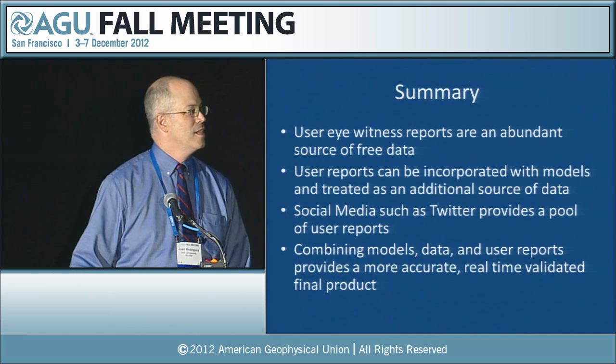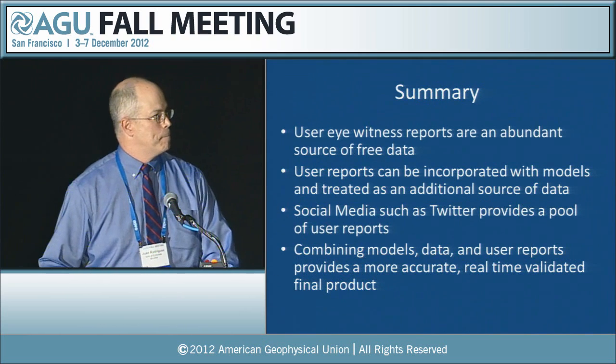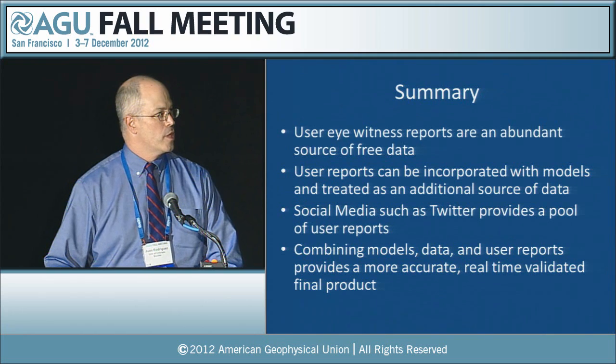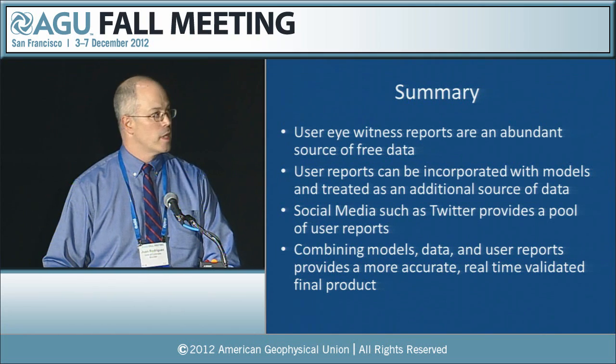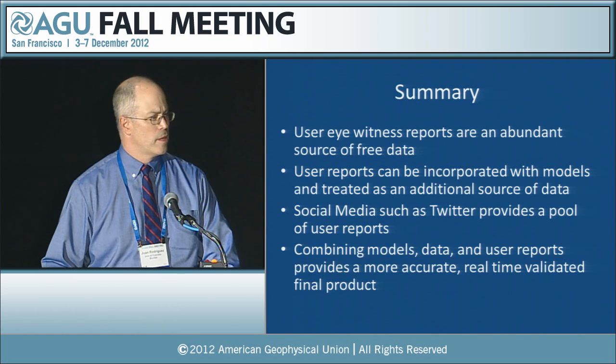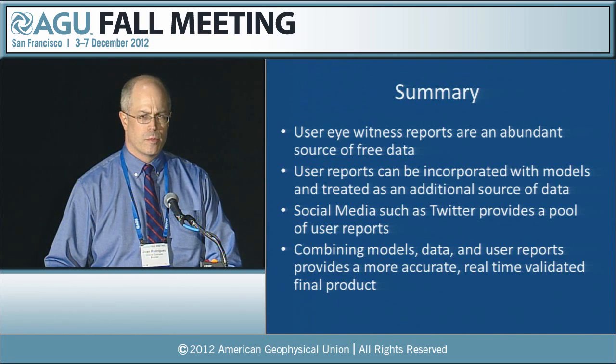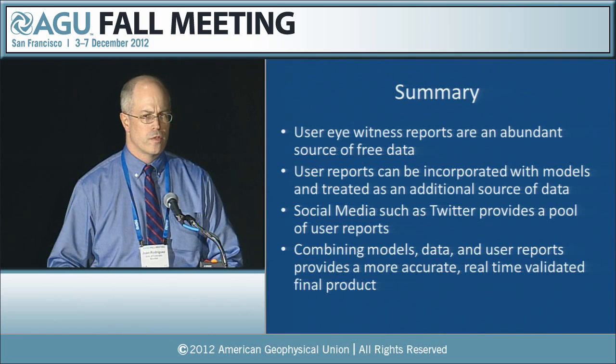So in conclusion, user eyewitness reports are an abundant source of free data. And in the case of the aurora, we benefit a lot right now from various websites where people have posted their own images of the aurora.